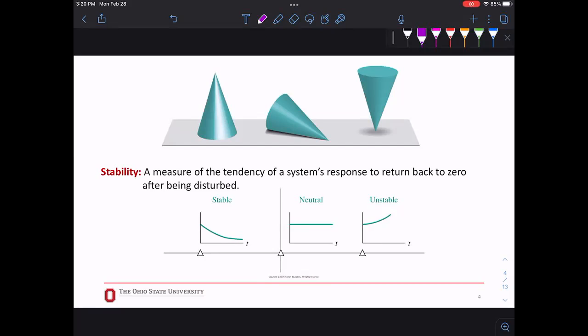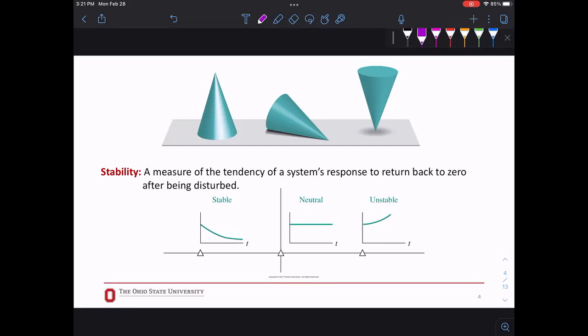Yes, poles on the left half plane, right? But we said that if there was a zero near one of our poles, it could change the behavior. It doesn't mean that the zero will impact the stability. It can change the behavior, even of a stable system.